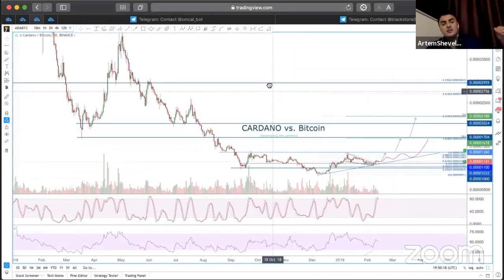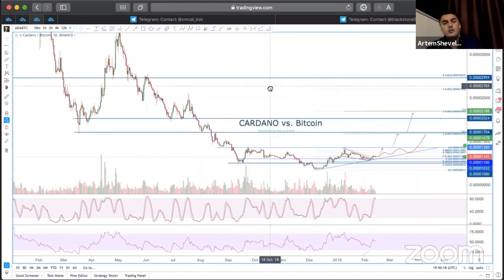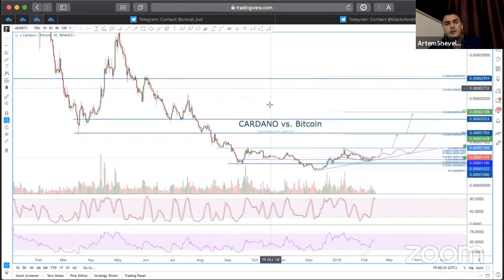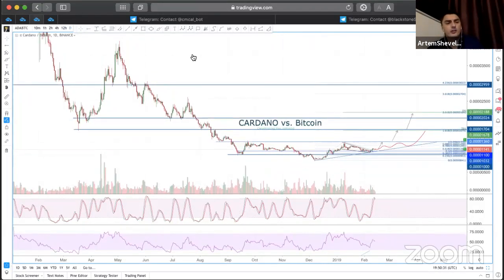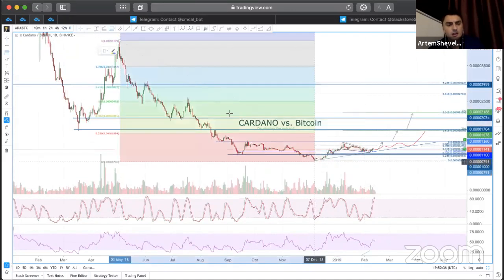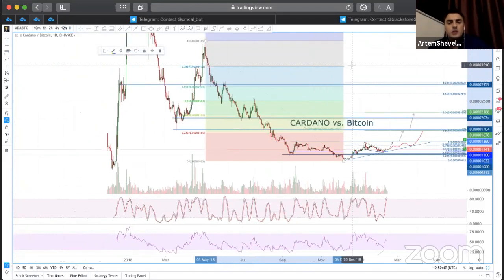But this is a really good opportunity to make some money here, because we're going to see some rebound. I think so. We're going to see a good rebound. And after a month, you're probably going to notice that Cardano is at the 2,500 or 3,000 Satoshi level. And you will be asking, like, look, guy, where to buy Cardano? Okay.